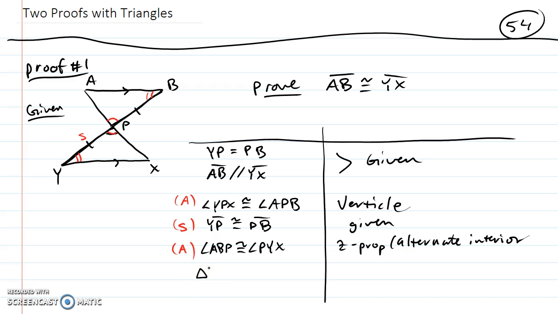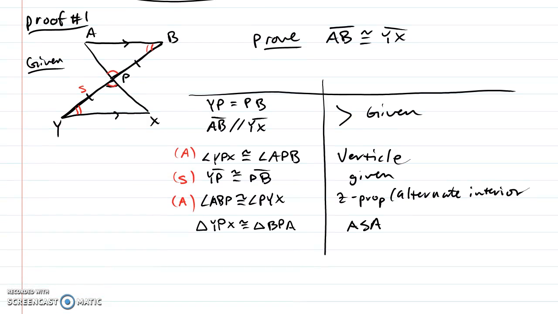They're the same size and shape. So I'm going to say triangle YPX is congruent to, and to have the same start point, I need to line it up with B, so it'd be BPA. Now the reason I know those are the same triangle is because of ASA. We already did ASA right here.